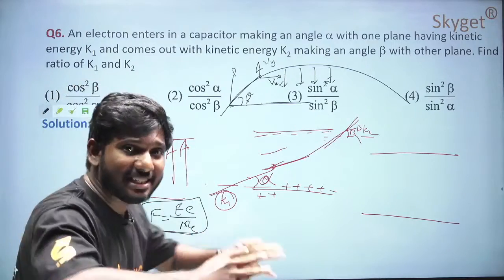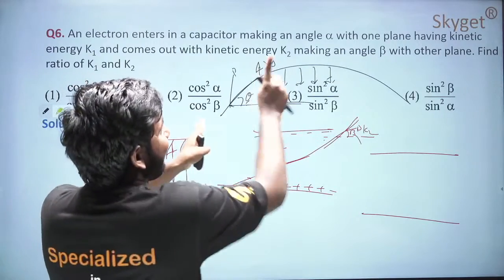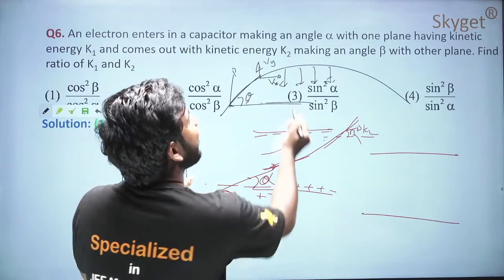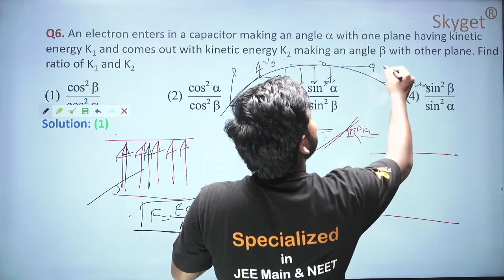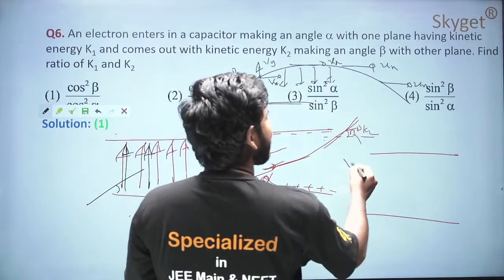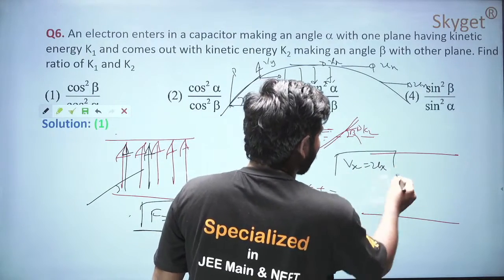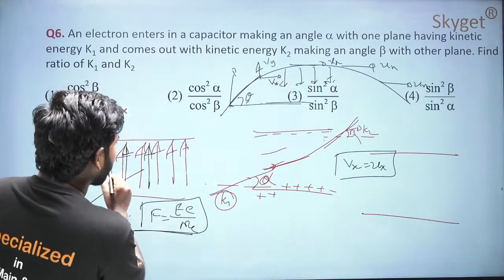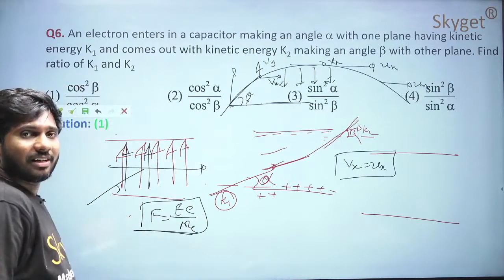So there will be a change in the velocity of the electron in the vertical direction, but in projectile motion, at any point the horizontal velocity will be the same. Vx is equal to ux plus axt, ax is 0, so Vx is equal to ux. Similarly, perpendicular to the electric field, the electron velocity will remain the same, students.